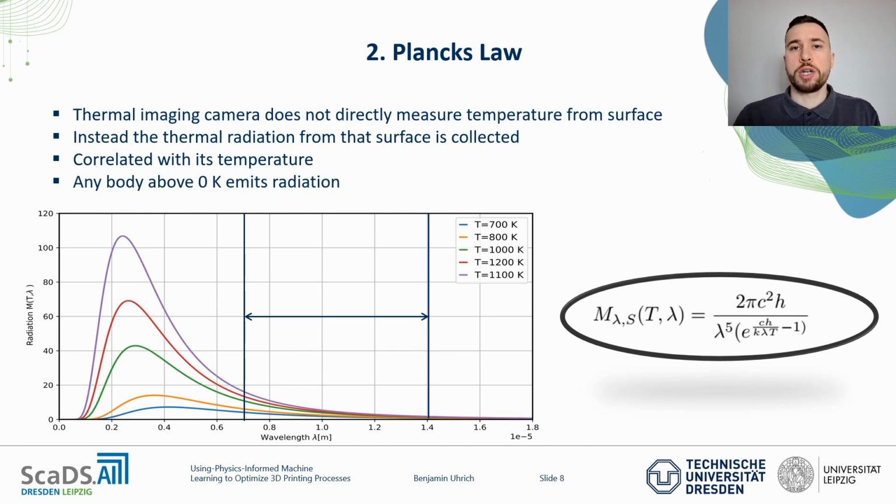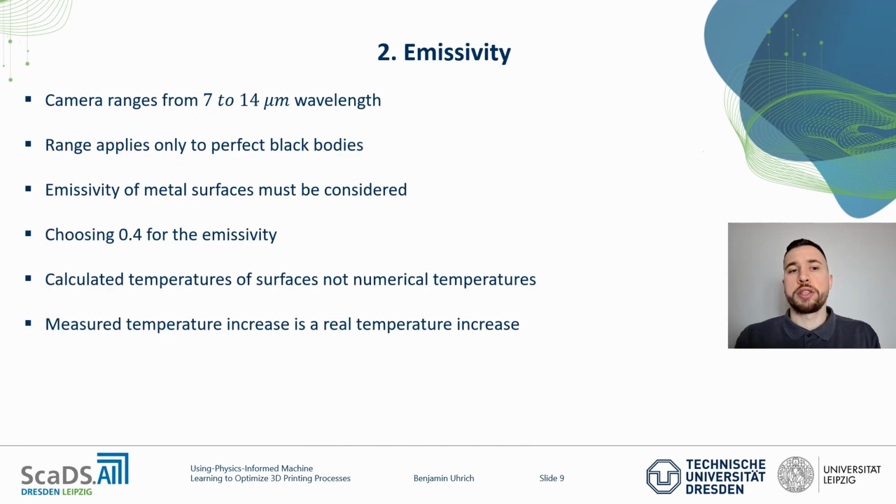In the diagram, this thermal radiation is shown as functions of wavelength for a black body, so-called Planck's Law. Perfect black bodies are an idealized thermal radiation source. Thermal imaging cameras from Siemens range from 7 to 14 micrometer wavelength. But this range applies only to perfect black bodies.